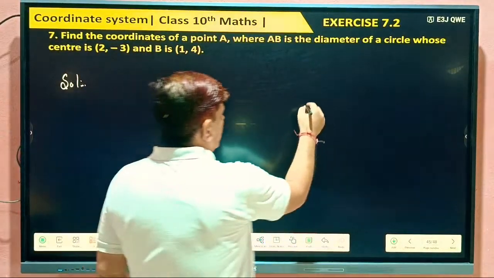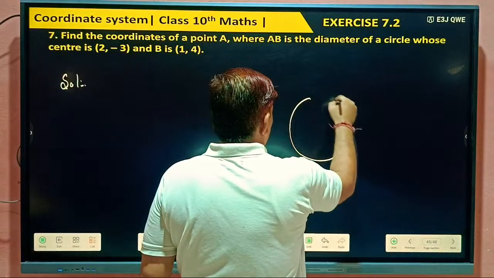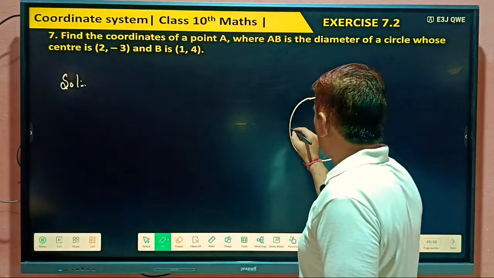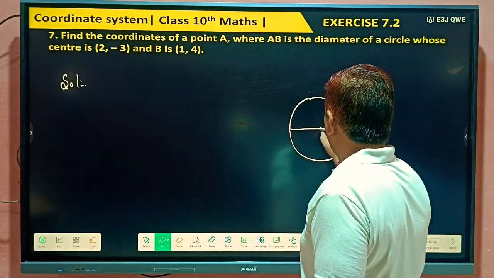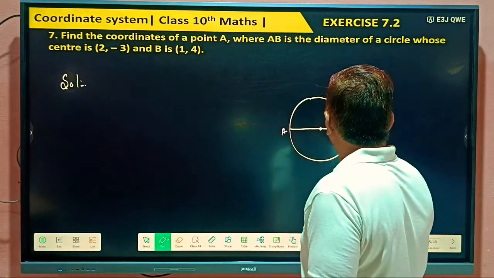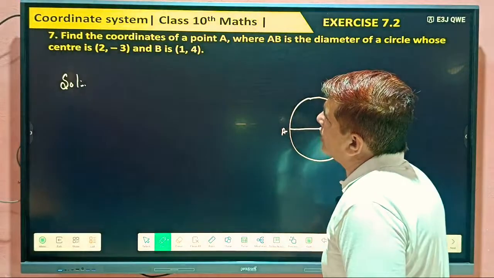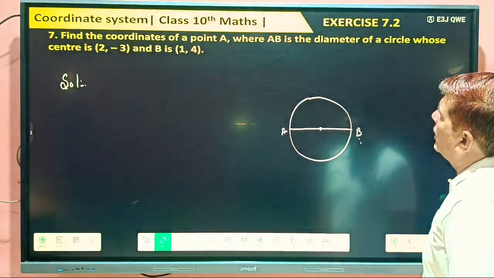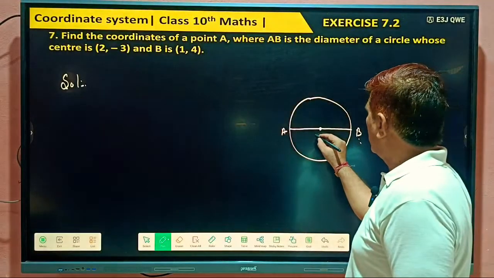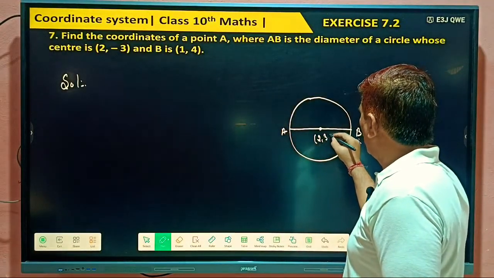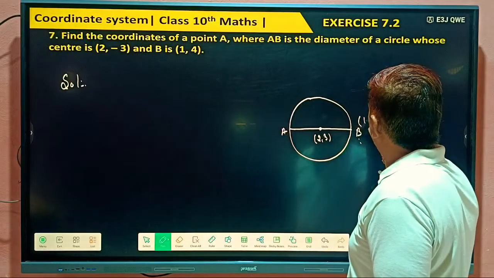The diameter of a circle passes through the center of the circle, and this center divides it into 2 equal parts. The center is given as (2, 3), and this is given as (1, 4).